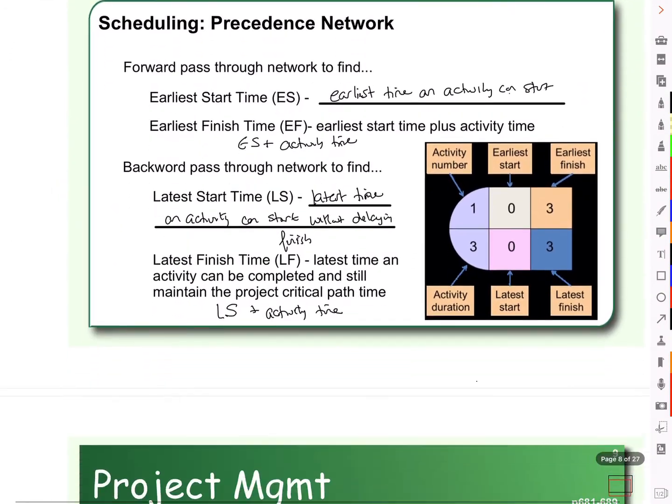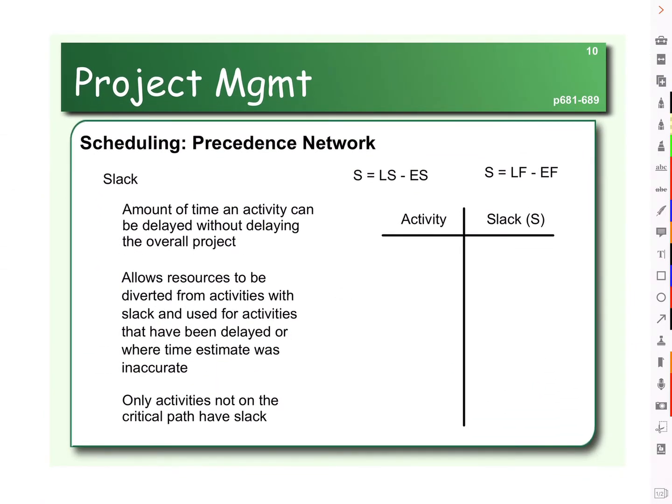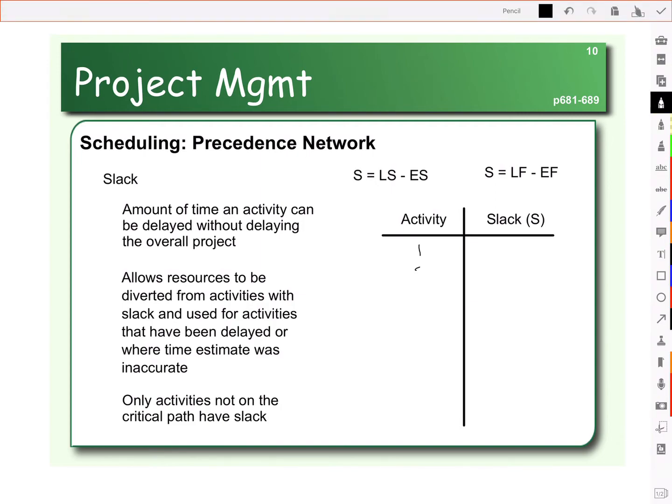So we could actually go through and find the amount of slack for each activity. So we had activities 1, 2, 3, 4, 5, 6, 7. Some of these are really easy because we know anything on our critical path, 1, 2, 4, 7, has how much slack? Has none. 1, 2, 4, 7.